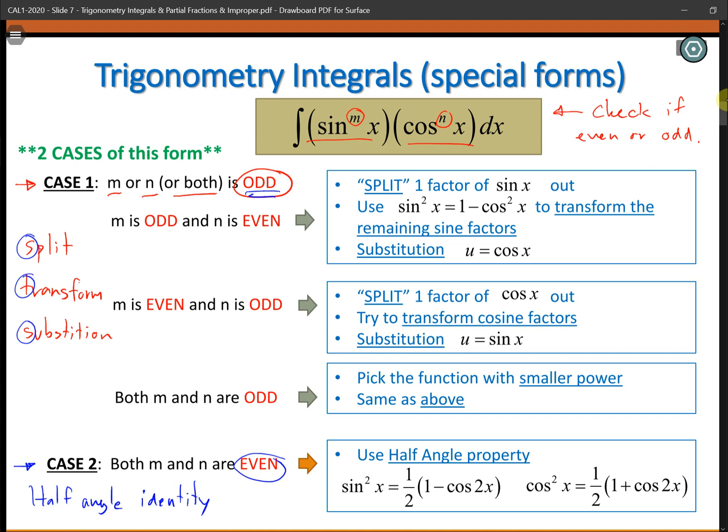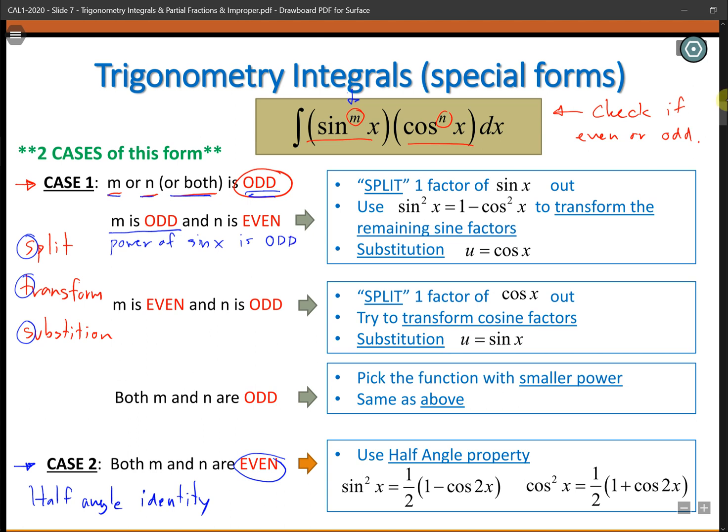We are talking about m is odd, or n is odd, or both. So we have to go through these subcases. Let's take a look at the first one, when m is odd. If m is odd, it means that the power of the sine is odd. So make a note here: m is odd means that the power of sine of x is odd.